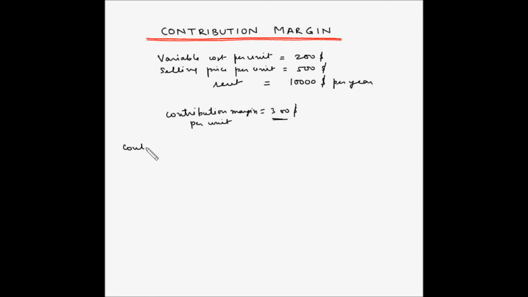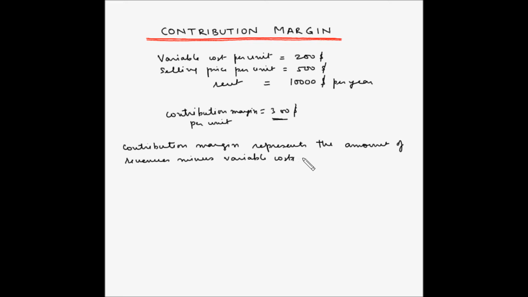So contribution margin represents the amount of revenues minus variable costs that contribute towards recovering fixed costs.